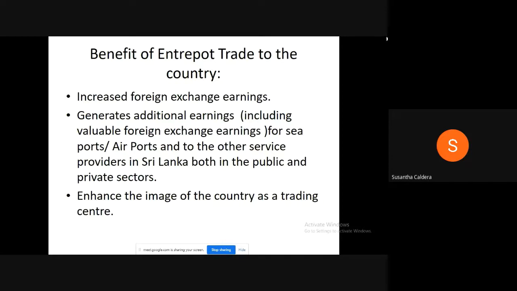In a lot of countries, they are doing entrepot trade in a big way, like Hong Kong, Singapore, Philippines, UK, Norway. They have massive entrepot trade facilities. Hong Kong is very famous, right? So why can't we do it?